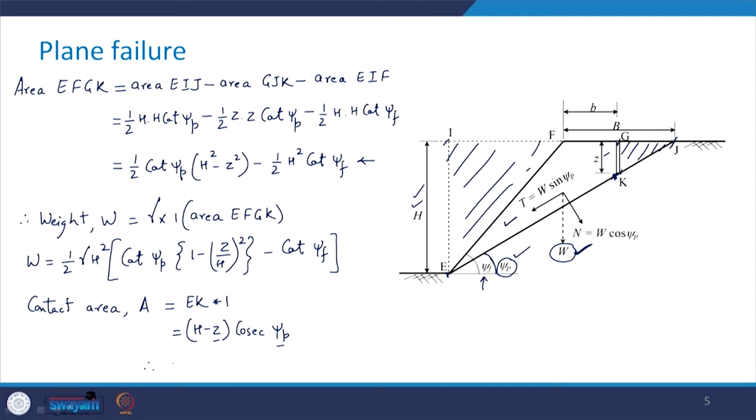So, I can write it again in this form which has z upon h as one of the terms, 1 minus z upon h cosec psi p. So, this is how we can find out the weight of the block and the contact area.